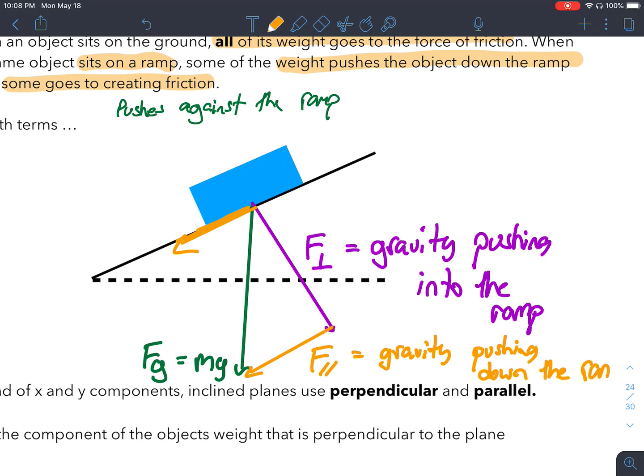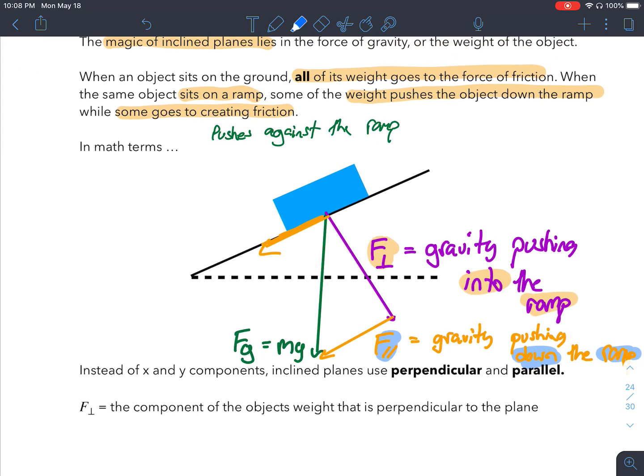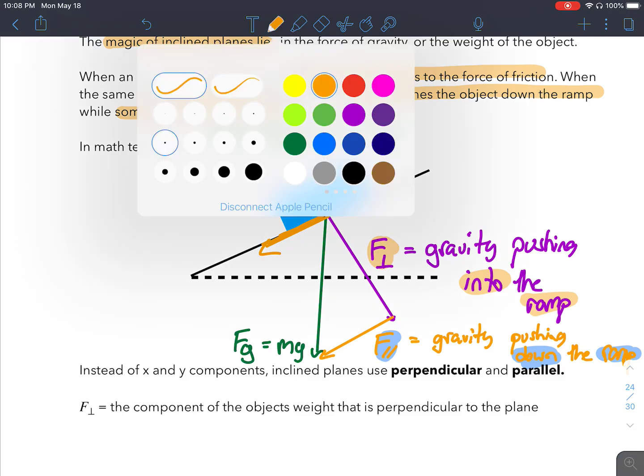So we have our two components. We have F perpendicular that goes into the ramp, and we have F parallel that is gravity pushing down the ramp, okay?